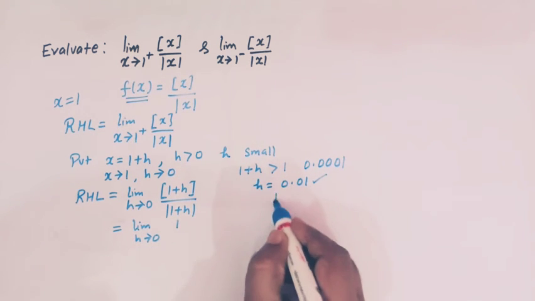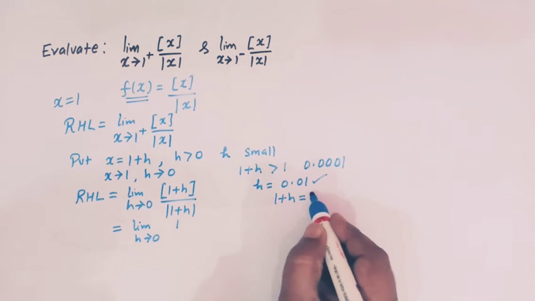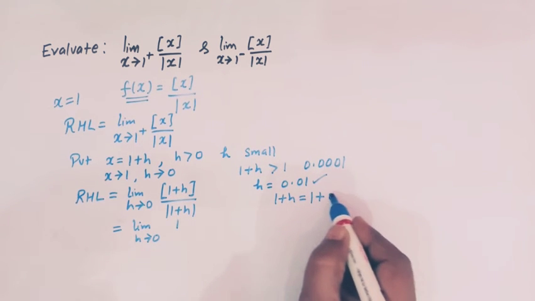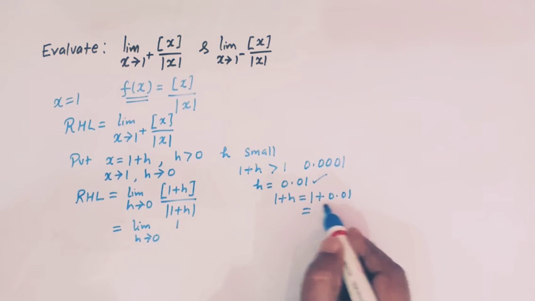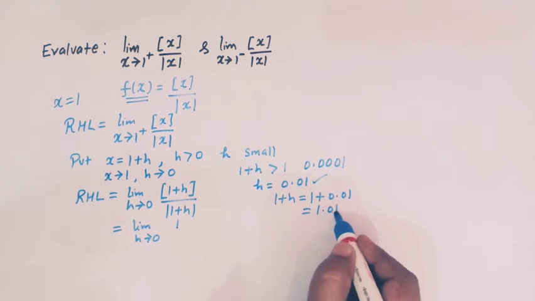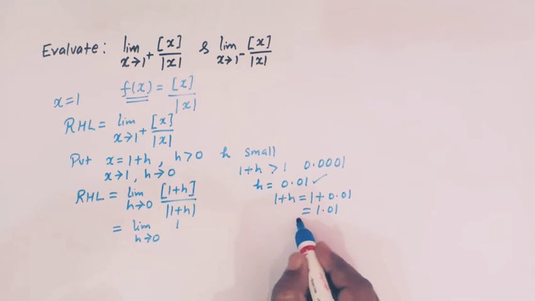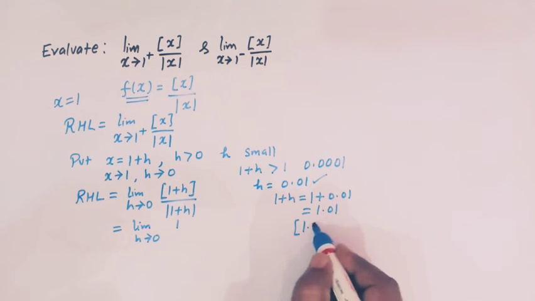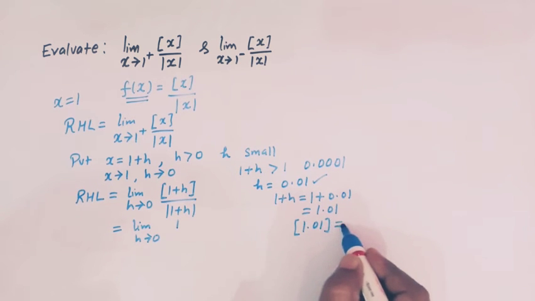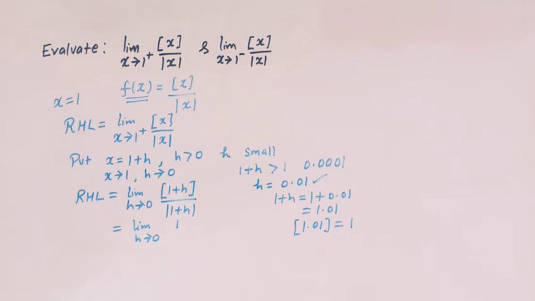So the value of 1 plus h is equal to 1 plus 0.01, that is 1.01. Now the value of greatest integer 1.01 is equal to 1.